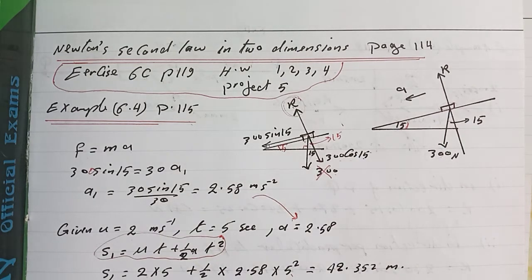She continues to slide for 5 seconds before using her feet to produce a braking force of 95 Newton parallel to the slope. This brings her to rest. Anna and her sledge have a mass of 30 kilograms. How far does she travel altogether?